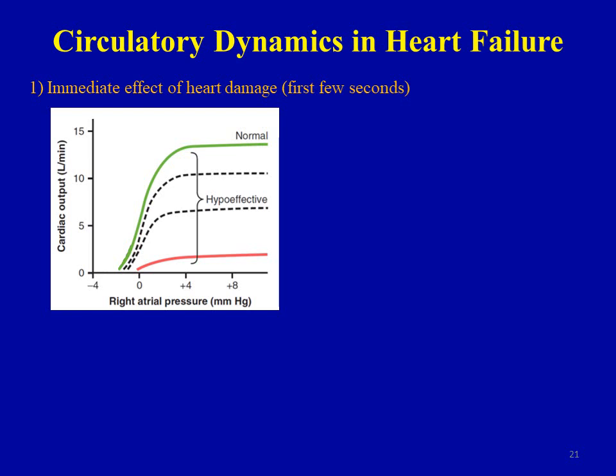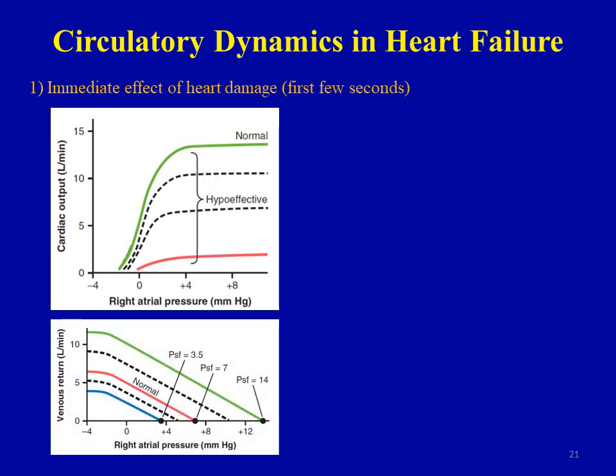Here you can see that this is the normal cardiac output curve. In a failing heart, the cardiac output will drop. Even with increased venous return, the cardiac output cannot increase back to normal. And with the immediate effect also, when the heart is failing, the mean systemic filling pressure will not be affected, because this is happening just in the first few seconds after the failure of the heart.